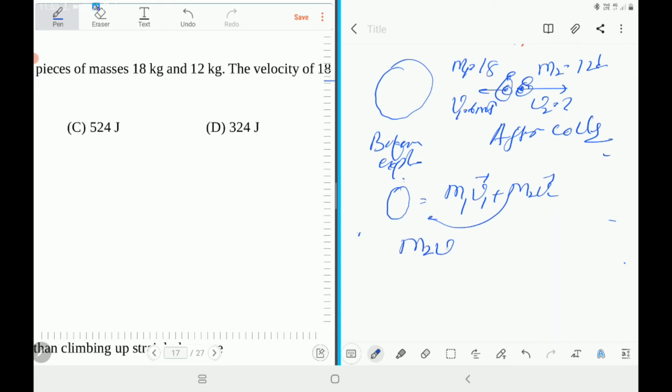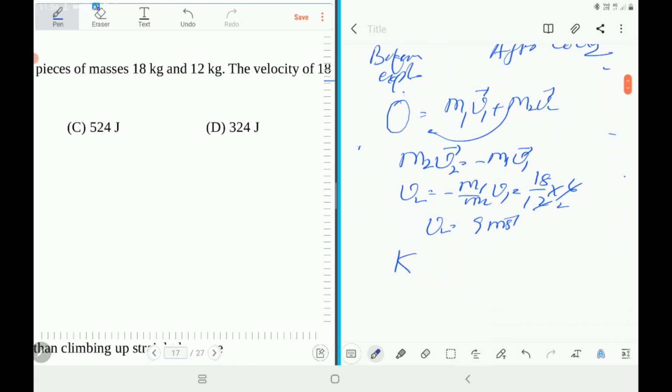So m2 v2 equals minus m1 v1, you write the minus sign on the right side. Now you want v2. What is v2? m1 by m2 into v1. What is m1? 18 by m2 12 into 6. 6 twos are 12, so the value of v2 is 9 meter per second.